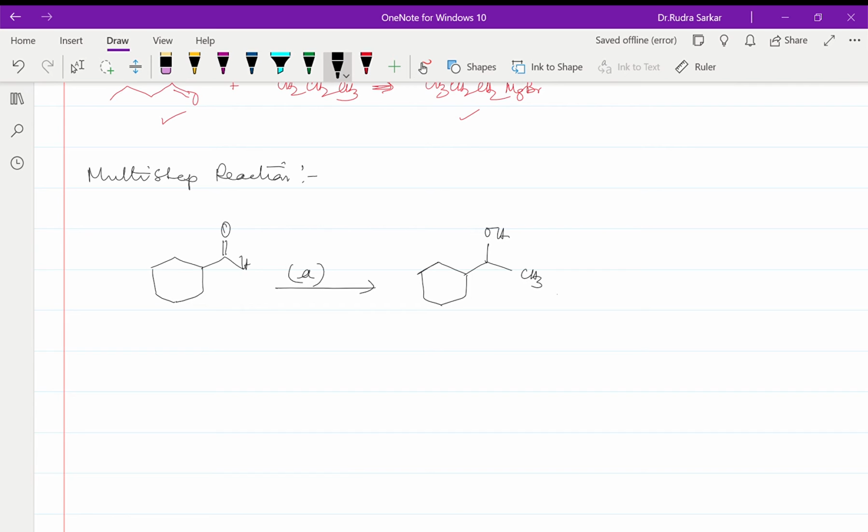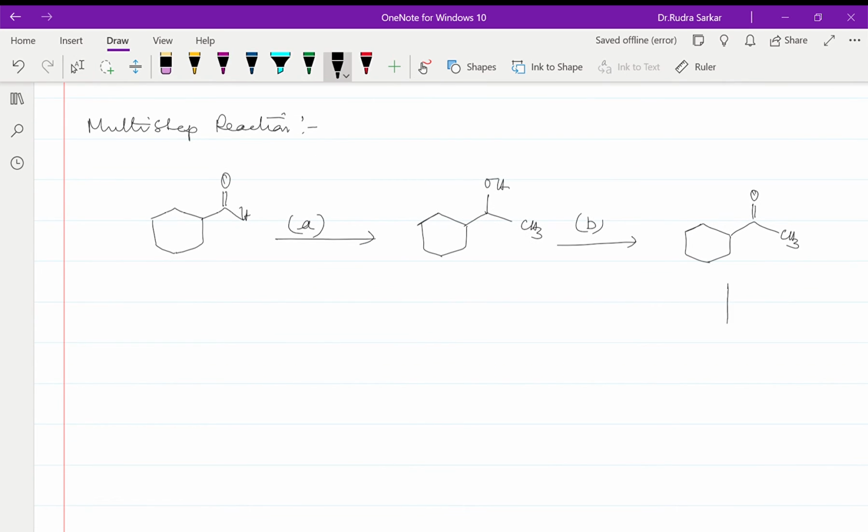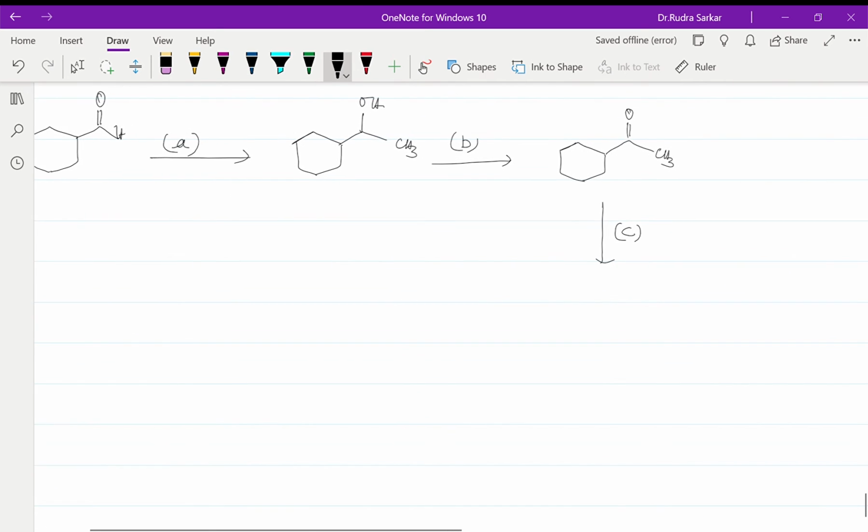Then they are saying use some reagent B, convert this thing into the ketone. Now use some reagent C. So this is a full combination of reactions that will help you to master topics like Grignard reagent and whatever things you have learned in alcohol. Okay, even your dehydration reactions. So this is what we have.